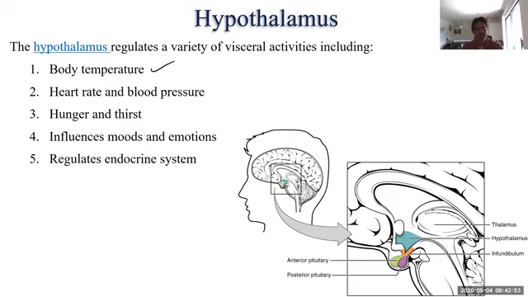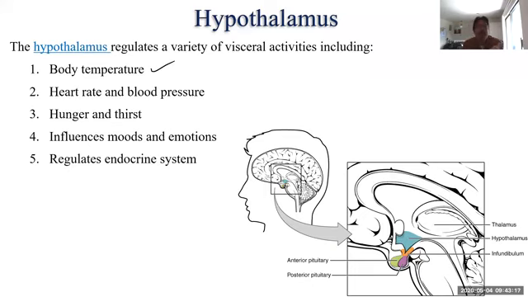Actually, side note, it turns out it's cooler than that now. Over the past several years, our body temperatures have apparently been cooling down. I forget what the average is now, but it's slightly lower than 98.6. But anyway, our thermostat, the part of the brain that's keeping it at 98.6 degrees Fahrenheit, is the hypothalamus.